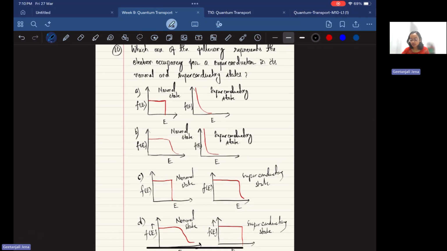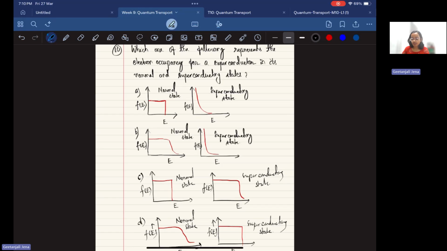Recall that f of E is the probability that the electron will occupy a given energy E, and depending on the normal state and superconducting state, they will show different types of electron occupancy. So just try to recall the behavior of the normal state and the behavior of the superconducting state.